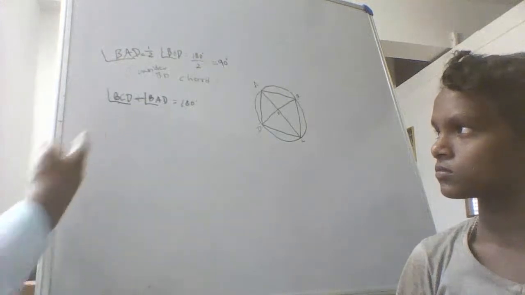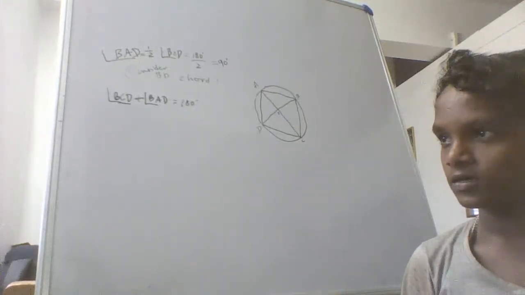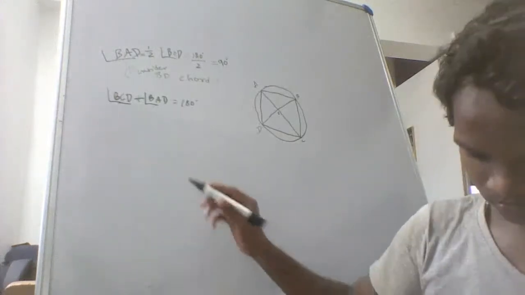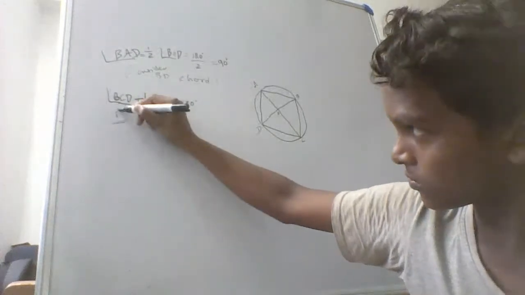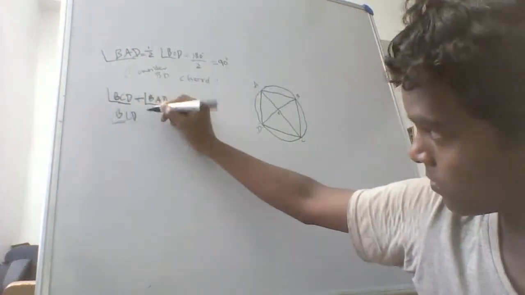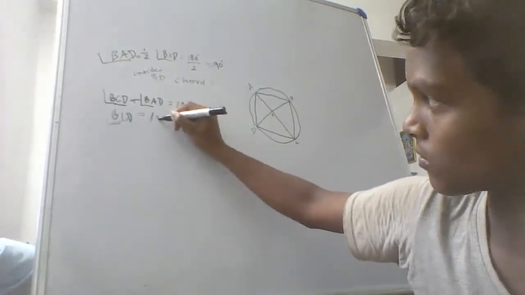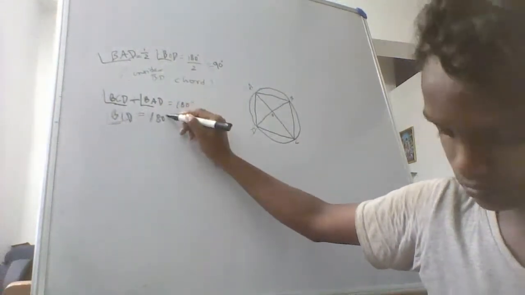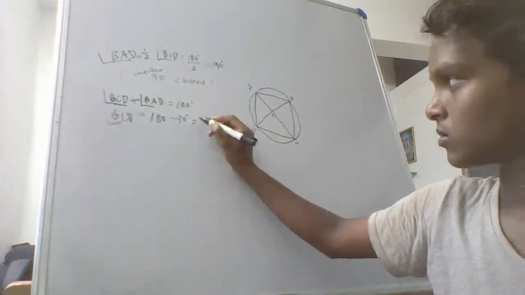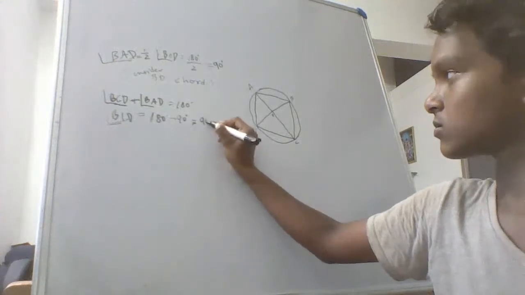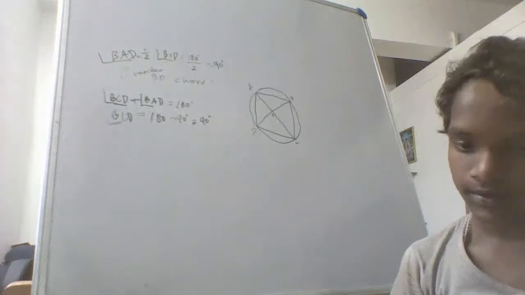So BCD is 180 minus 90, which is equal to 90 degrees. And now let us take angle ADC.